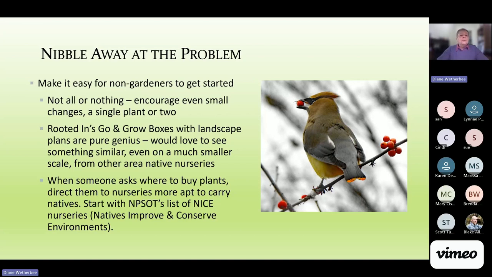So what you end up with is basically landscape by numbers. You get the plants, you follow the directions, you plop your plants in the plan that they've provided, and you have a professionally designed landscape.